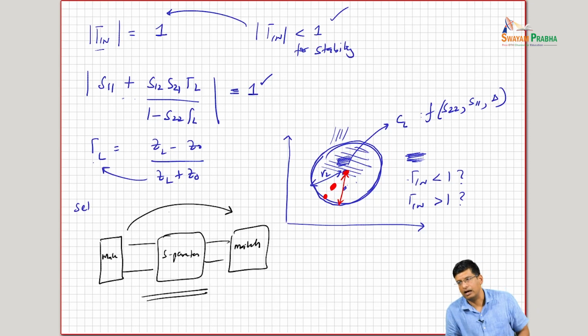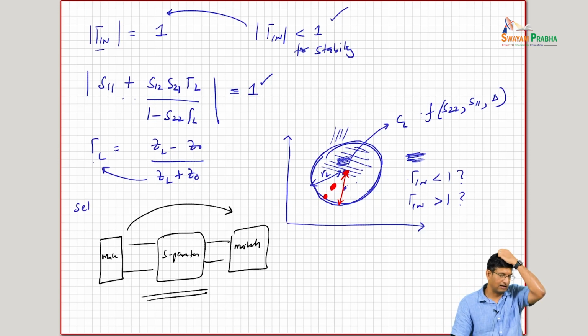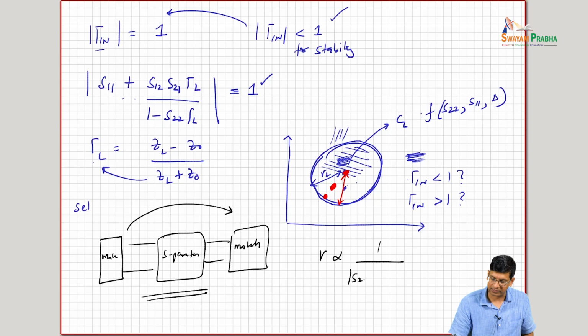So you can design conditionally stable systems, particularly if the radius is very large. In the case of the source stability, so this gamma L, the radius is basically going to be proportional to 1 over S22 squared minus delta squared.